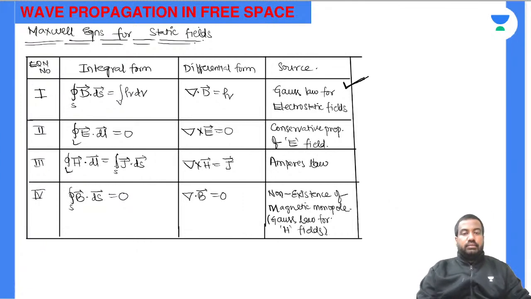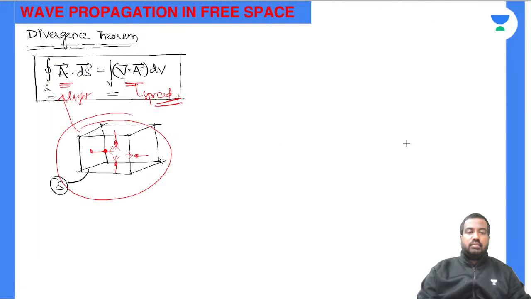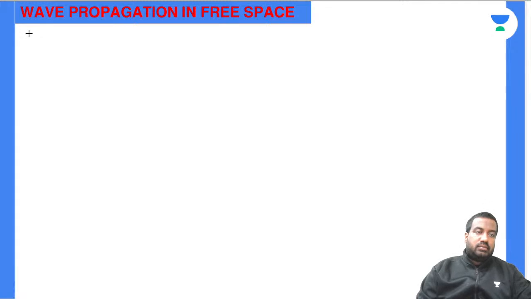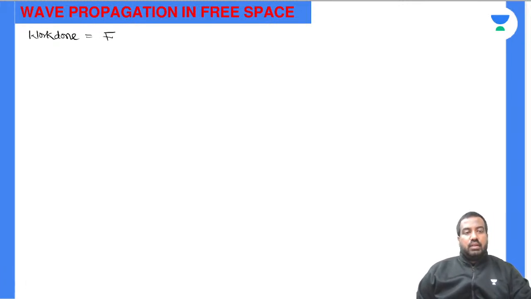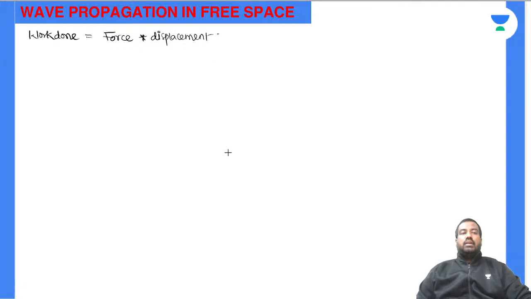Okay, now the conservative property of electric field. Work done is related to force and displacement as force into displacement is work done.